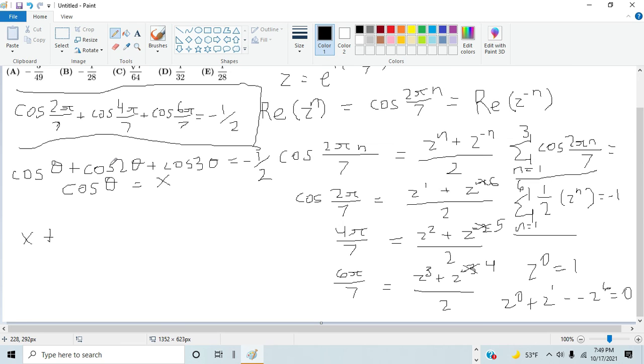However, since we want to keep it in terms of cos theta, we're going to use the double angle form, in which cos of 2 theta equals 2 cos squared theta minus 1. So writing it here, we'd get 2x squared minus 1. So this is just how we would substitute the cos 2 theta into this.